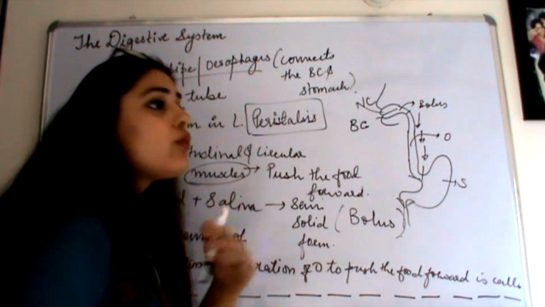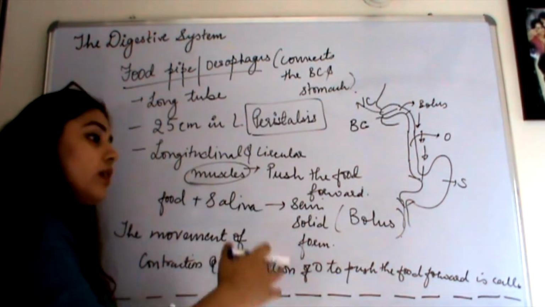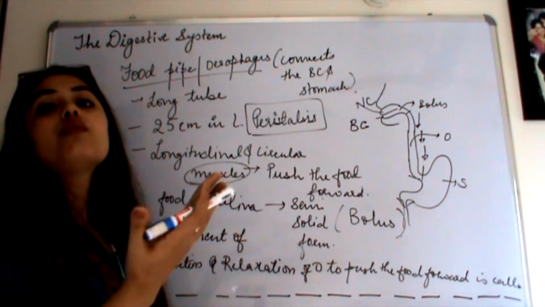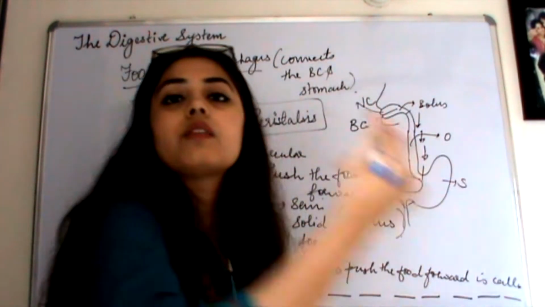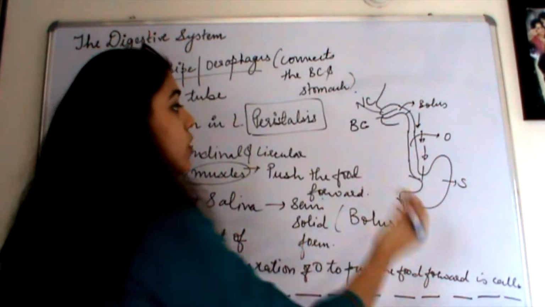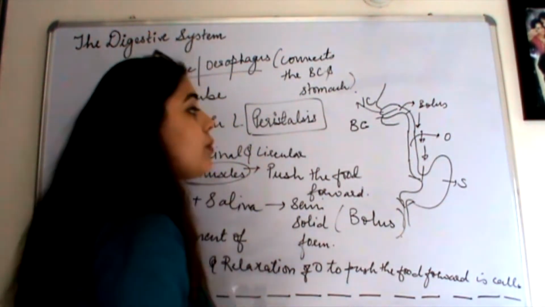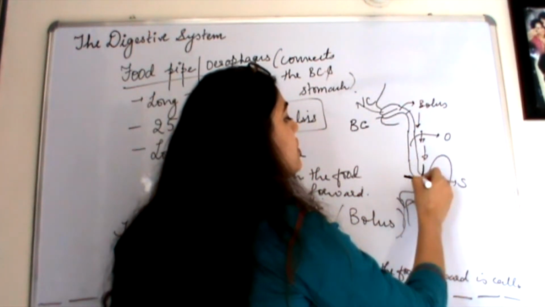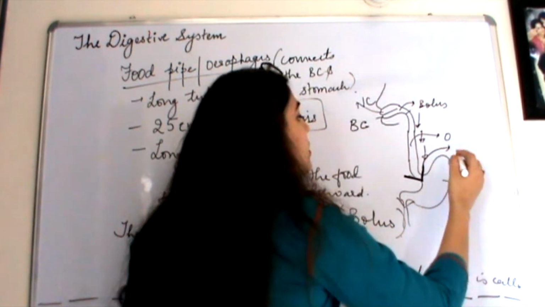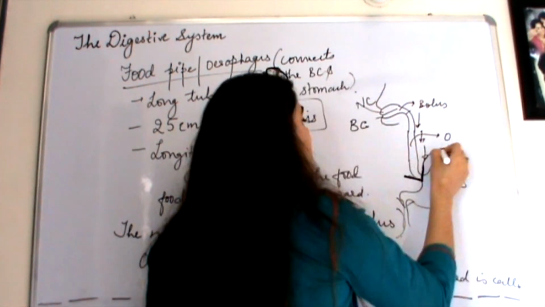Now what happens during vomiting? There is a backward push of food from the stomach through the esophagus and to the mouth, to the outside environment. As soon as we talk about vomiting, this sphincter which I am talking about here, the gastroesophageal sphincter, you can write down the name if you want to.